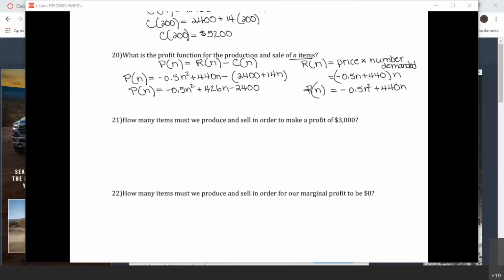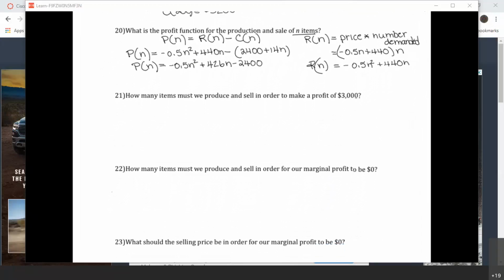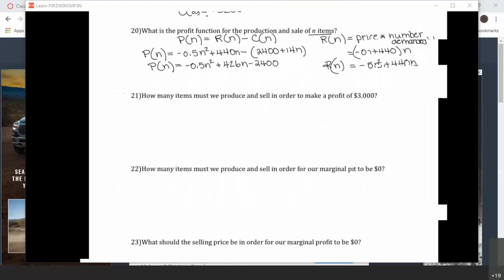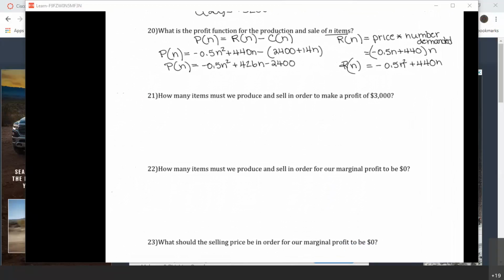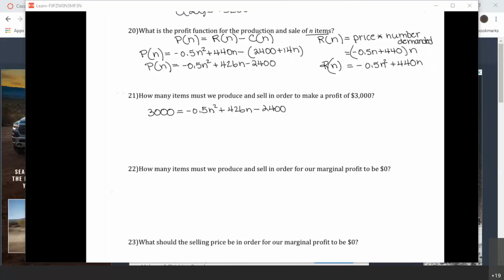And again, if it's a matter of how many items I must produce and sell to make a profit of 3,000, you start with your profit function and you put in 3,000 here, like that.